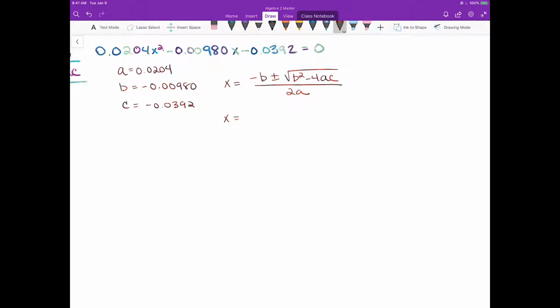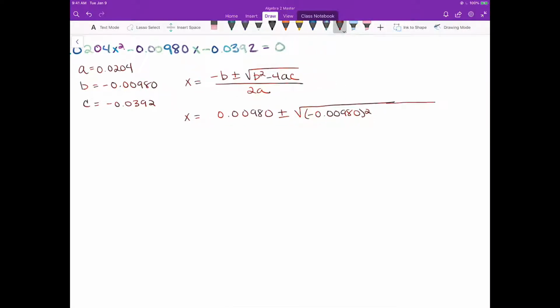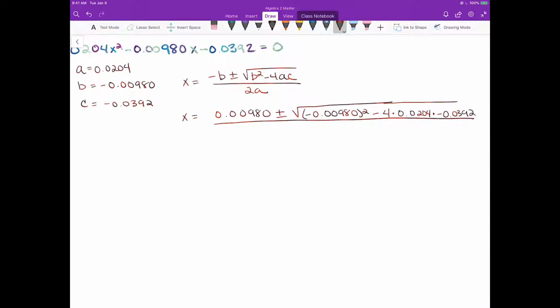So x equals 0.00980 plus and minus the square root of negative 0.00980 squared minus 4 times 0.0204 times negative 0.0392, all over 2 times 0.0204.